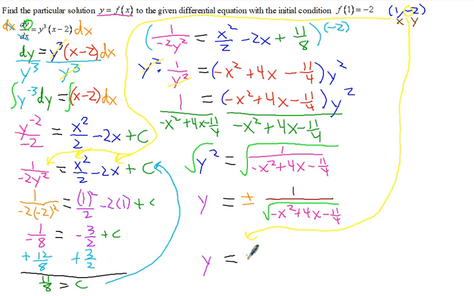The only way that can happen is if that's negative 1 over the square root of negative x squared plus 4x minus 11/4. So that is our final answer for the particular solution.